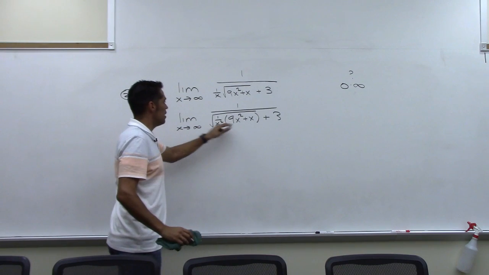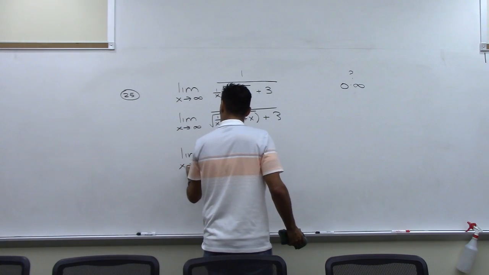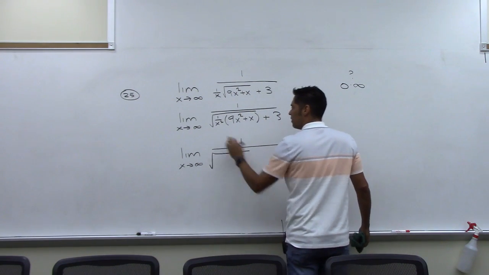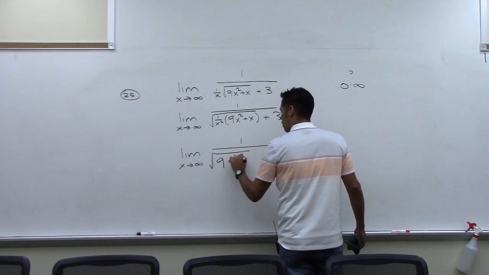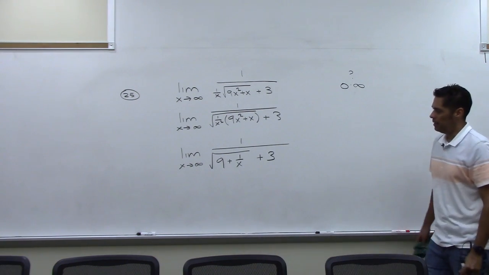And then you pass the 1 over x squared through to both of those terms. And I'll have the square root of, let's see, this times this, you just get the 9. Then this times this, you just get 1 over x. You still have here plus 3. And I think we're there.